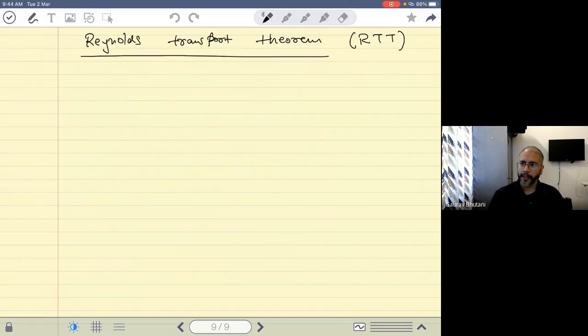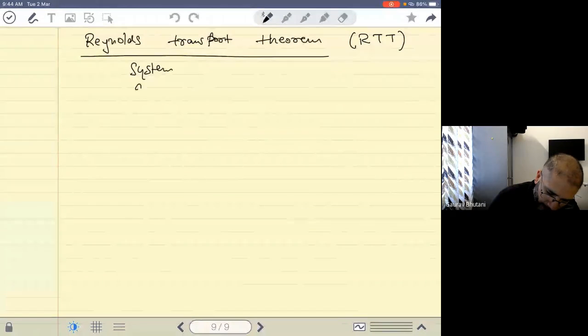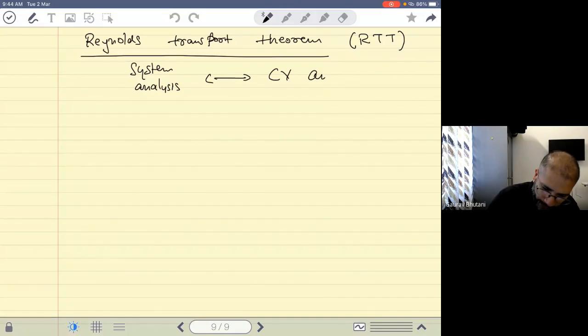So I'll need all your attention now, because it is, as I said, the most useful theorem in fluid mechanics. Okay, and this is what will help you to relate your system analysis to the control volume analysis.